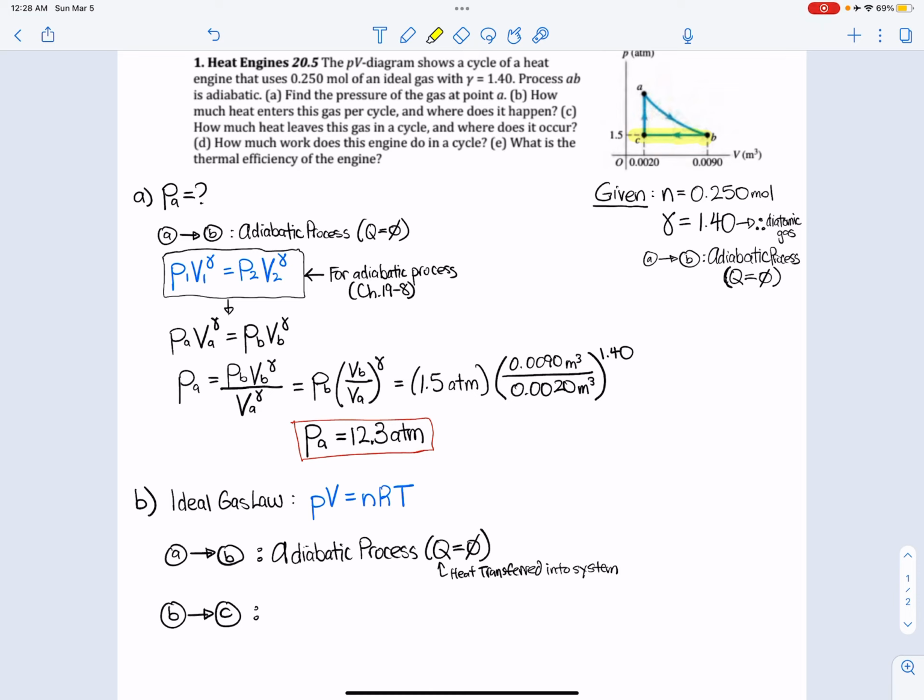So since we have a constant pressure, then I know that we've got an isobaric process. So B to C is an isobaric process, in other words, constant pressure from state B to state C.